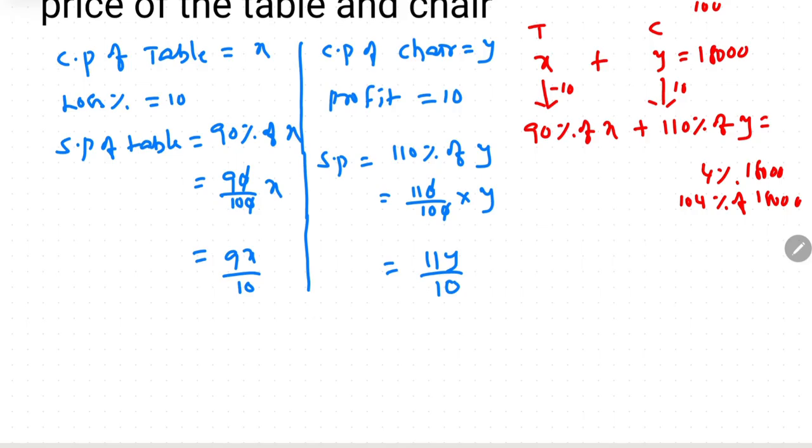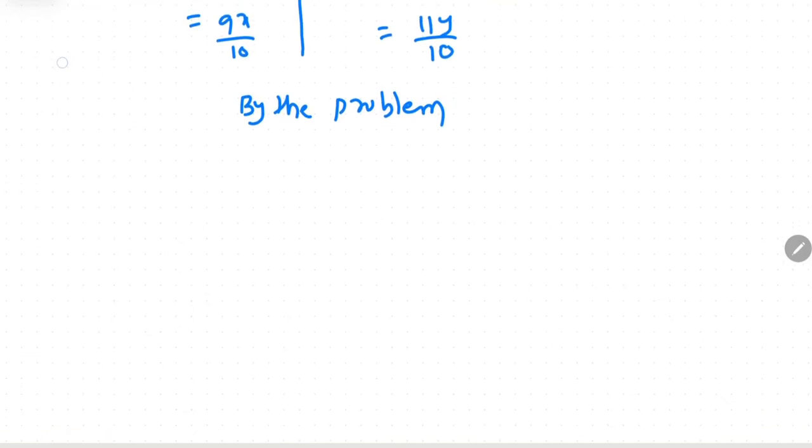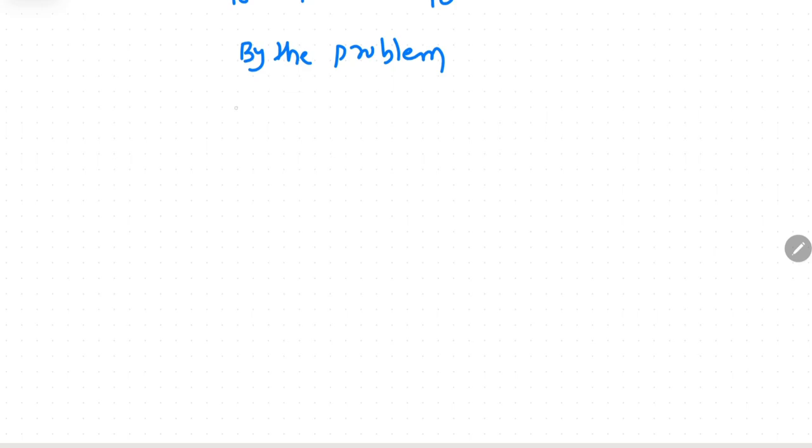Now we go by the problem, what is given. The cost price of table and chair is equal to 18,000.